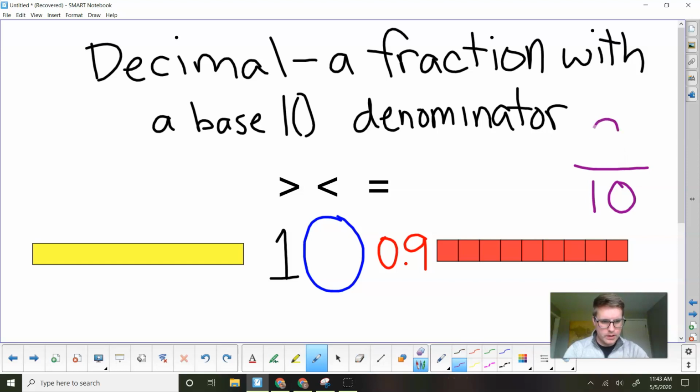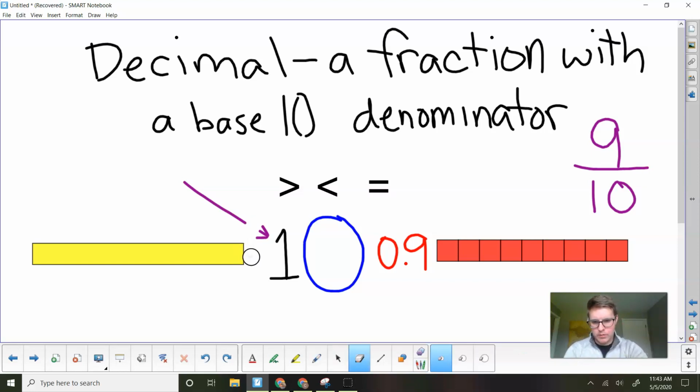Right? So 9/10 or 0.9, as you can see right here in our problem, is going to be compared to 1 whole. So let me rewrite 1 in decimal form.